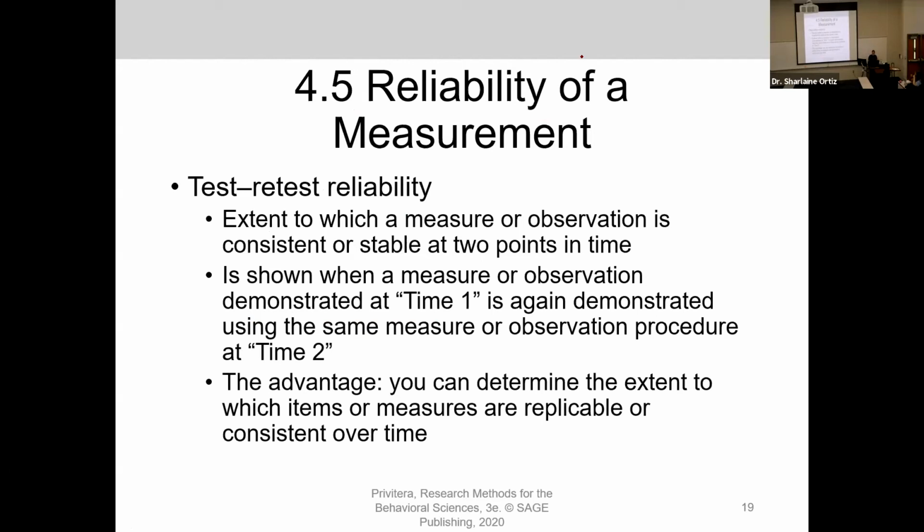So imagine my little ruler, and I measure today, and then 2 months from now, nothing changed, and I grab the same ruler and measure the same thing, and sure enough, I come up with the same measurement. And I do it a 3rd time, a 4th time, and the measurement remains the same. That's what we call test-retest reliability.